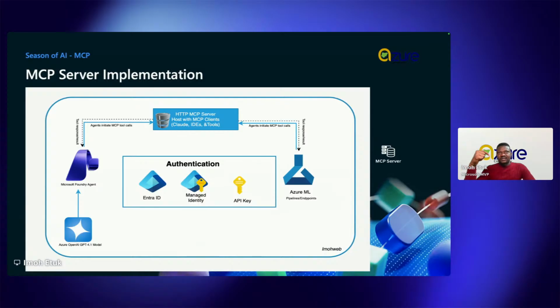Then after that, it will call the Azure ML tool. Remember that the MCP server is made up of tools. You can add a lot of tools. I'm going to show us how I have about three tools added to this.